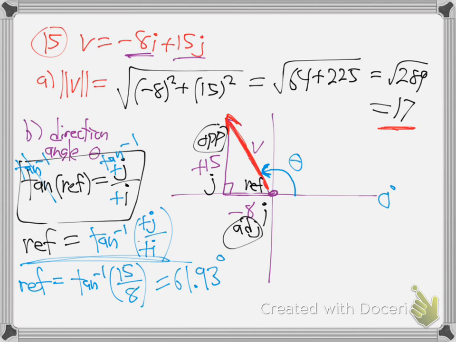So I will deal with the fact that it's actually negative 8. But for now, I'm just saying this is a triangle. This is 8, this is 15. What's the angle? Not thinking about negatives or positives, just make everything positive. So that little angle here is 61.93 degrees. So then what's the theta?